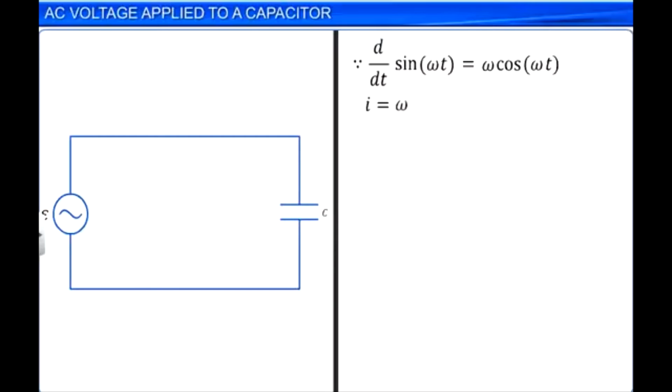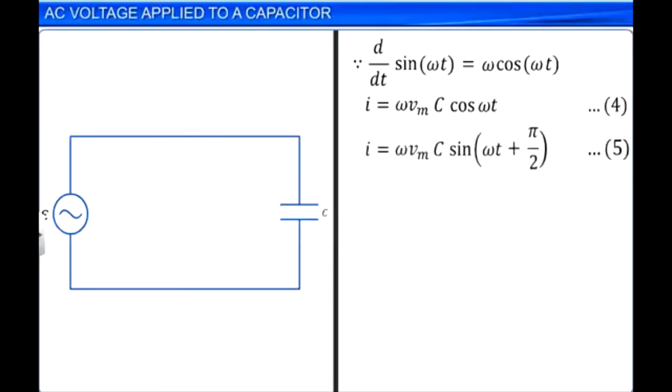Let this be equation 4. By trigonometric substitution of cos theta with sin theta plus pi by 2, we get equation 5 as shown. This equation can be represented as I is equal to Im sin of omega t plus pi by 2, where Im is equal to omega Vm C. Let this be equation 6.